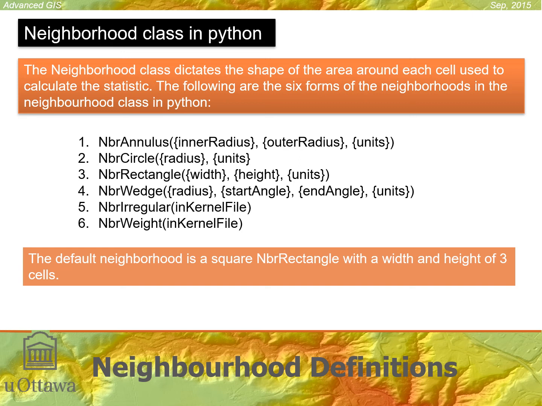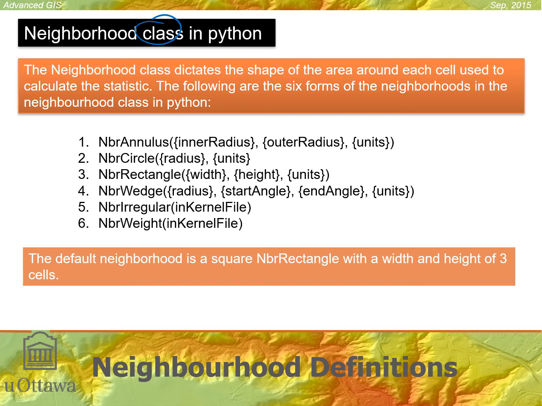Now, in Python, the neighborhood is a class. This means that there is no physical object that you can see on a map called the neighborhood. The class neighborhood exposes methods or functions that we can use to create or define neighborhoods in the way we want them to be defined for an analysis, like a square neighborhood, a circular, etc. And that neighborhood class exposes methods.